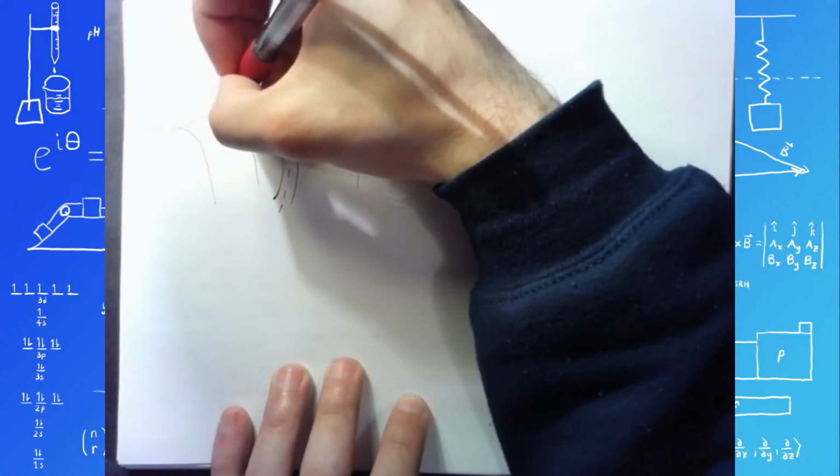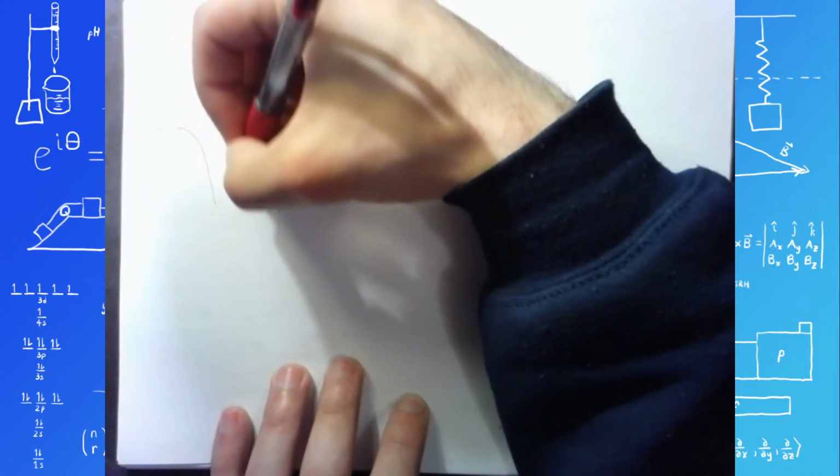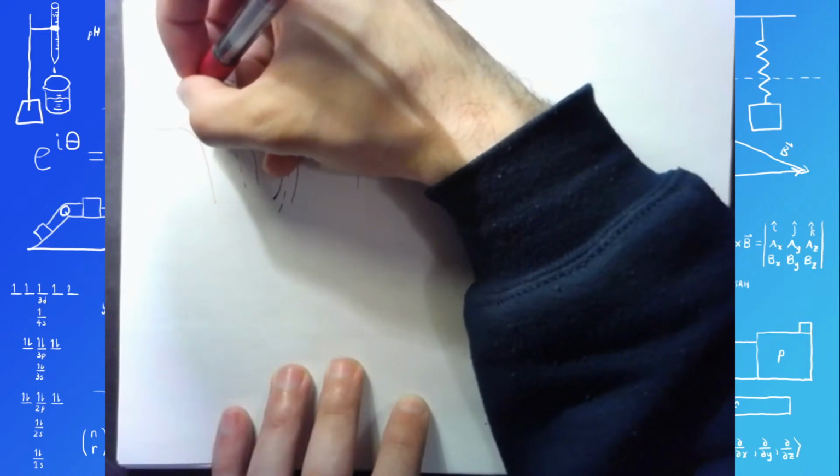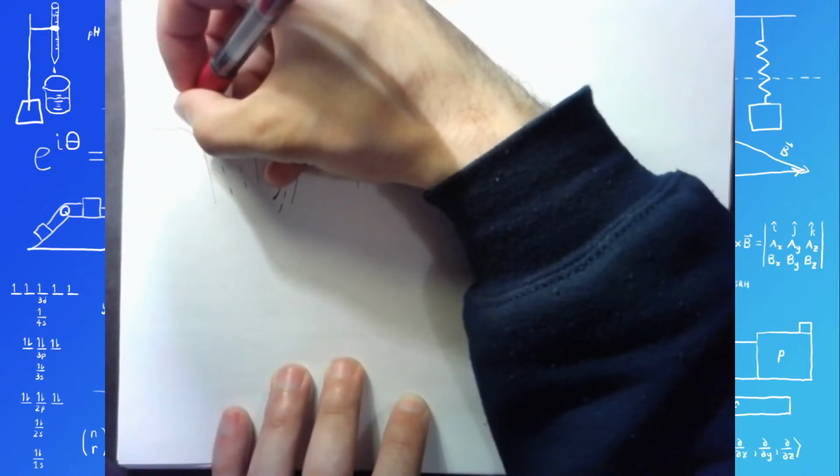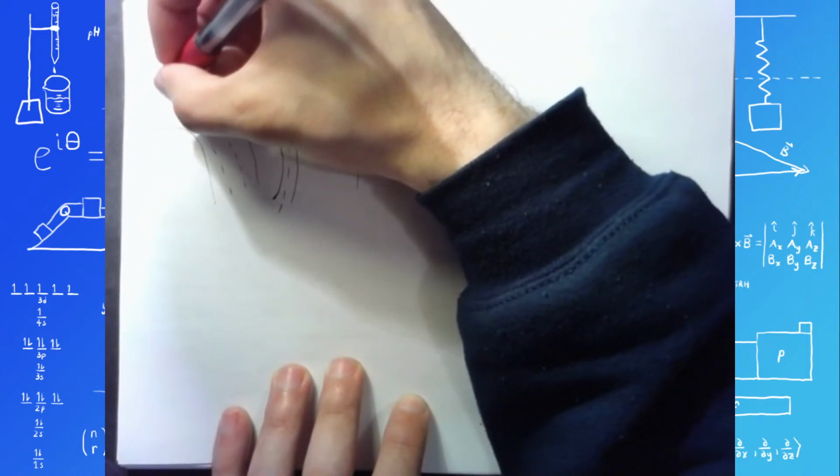This is a terrible drawing, but let's say these are a bunch of lanes on some sort of superhighway.